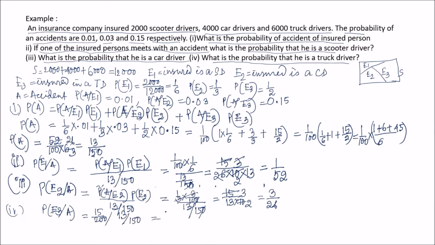So this will be 15 by 200 multiplied by 150 by 30. The zeros cancel, 5 3s are 15, 5 4s are 20. So it will be 45 by 52. So I hope you have understood.